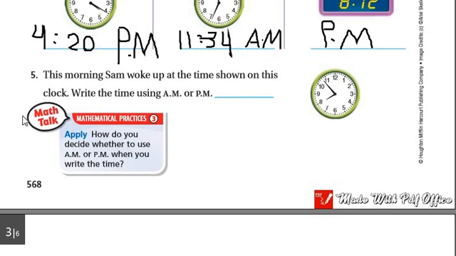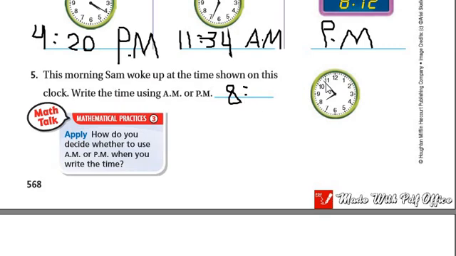Number 5, this morning Sam woke up at the time shown on this clock. Write the time. First we will write the time, then you will use AM or PM. Here we have the hour hand. It points at 8. It's 8 colon.